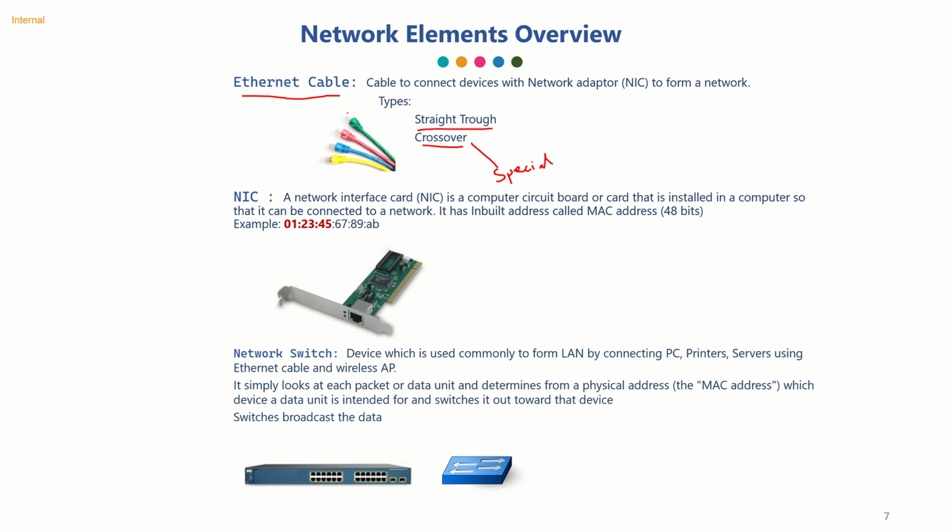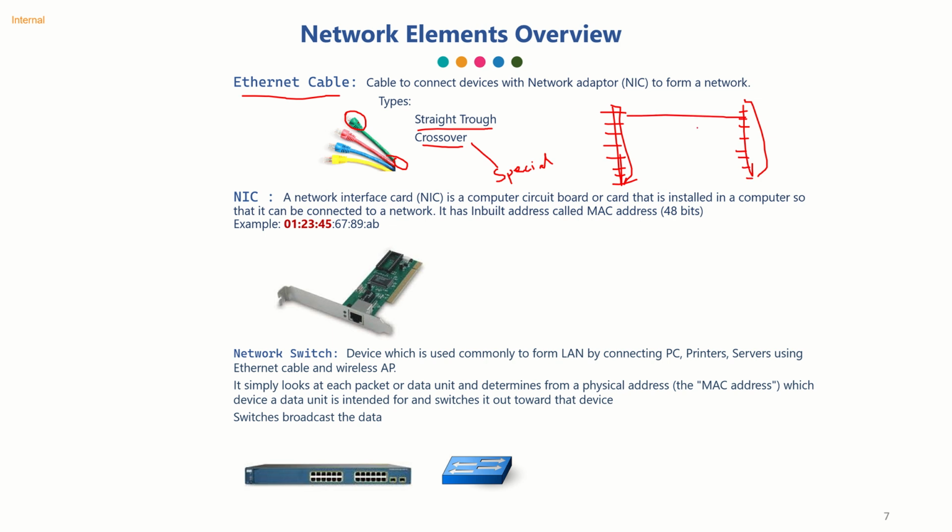For example, this particular end has 8 pins, and the other end will have 8 pins. So if you see this, 1 2 3 4 5 6 7 8, and the other side is the same, 1 2 3 4 5 6 7 8.